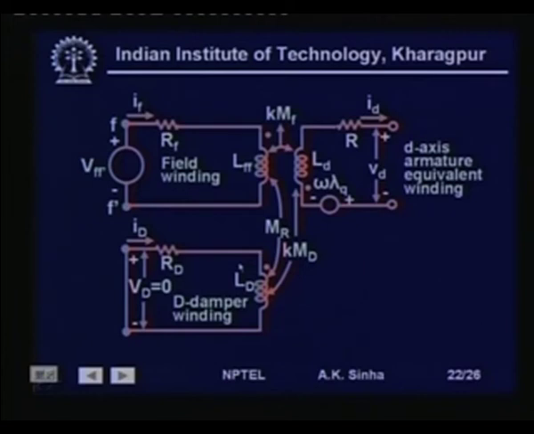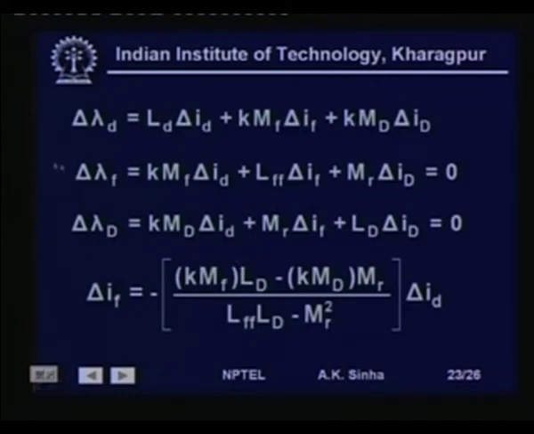They will create flux changes during the period when current flows through this winding I d. So, again using the same concept, we can write down the changes which occur in the flux linkages due to the application of short circuit. Here again, since the damper winding is associated, we get the damper winding terms.